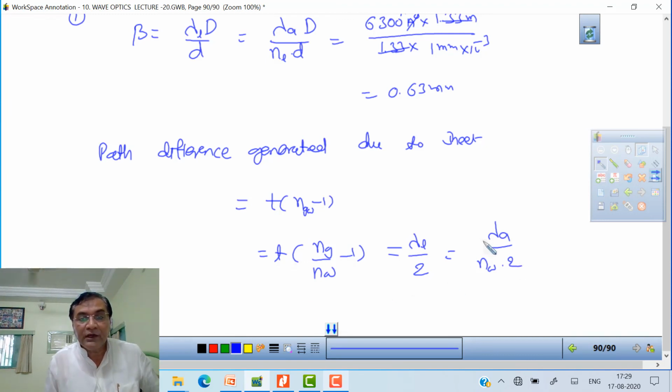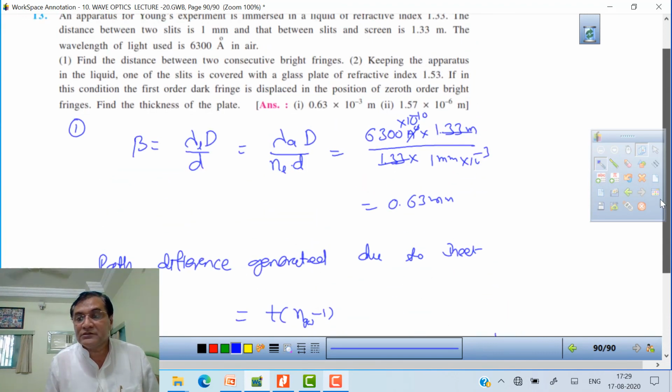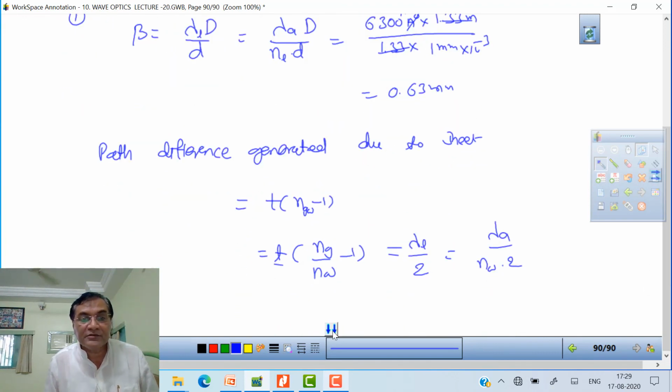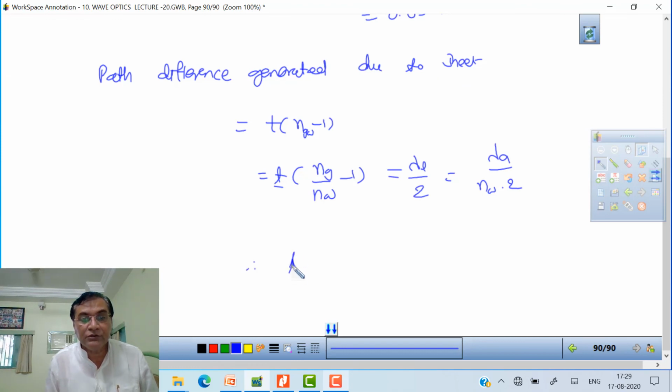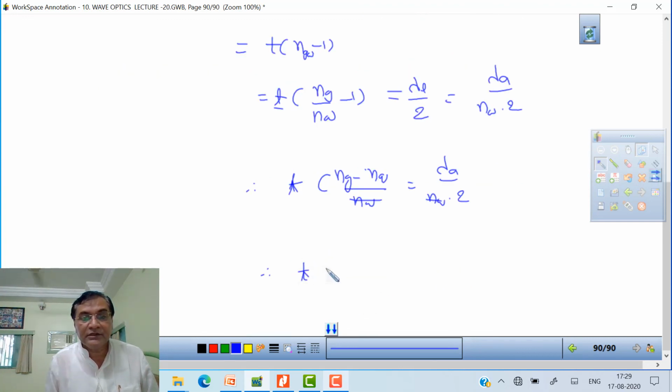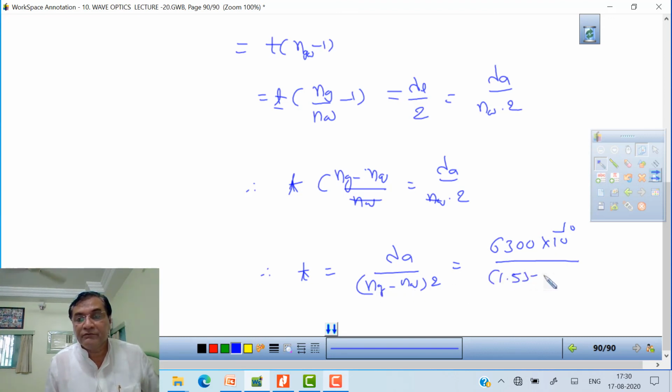So now I want to find out the thickness. So I have to make a formula for t. I simplify this: (Ng minus Nw) upon Nw is equal to lambda in air upon Nw into 2. This cancels out. So I can calculate the thickness, which is equal to lambda in air upon (Ng minus Nw) into 2. So this is 6300 angstrom, 10 raised to minus 10, divided by Ng, which is given as 1.53, and Nw is 1.33, multiplied by 2.